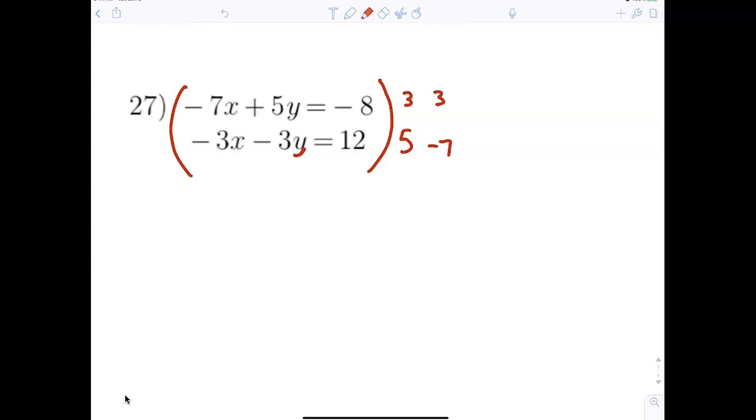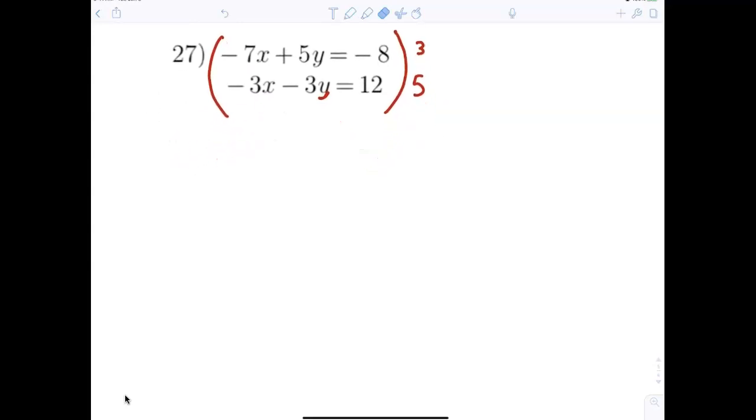So I'm going to stick with my first choice, which was to multiply the top equation by 3. If I multiply the top equation by 3, I end up with negative 21x plus 15y equals negative 24. And if I multiply the bottom by 5, I get negative 15x minus 15y equals 60.